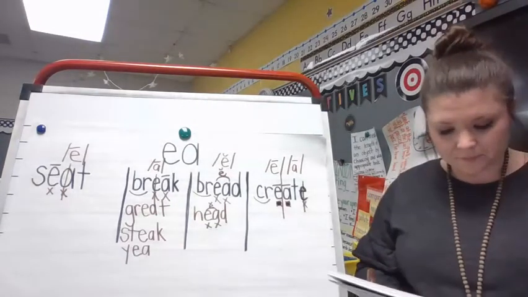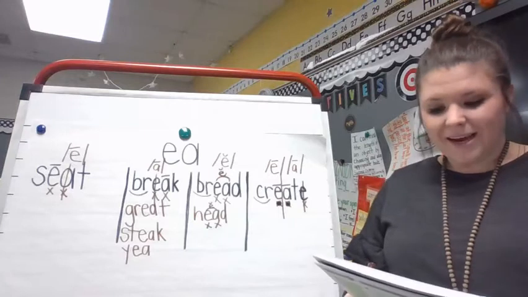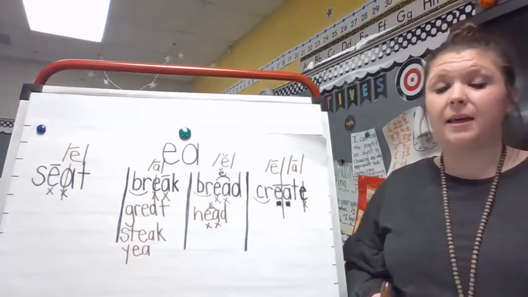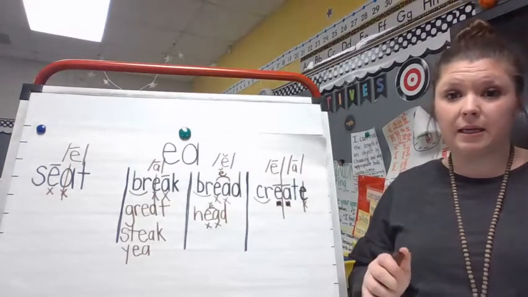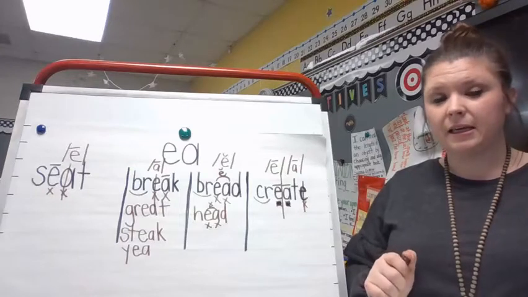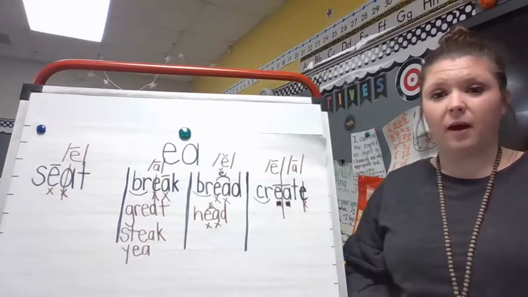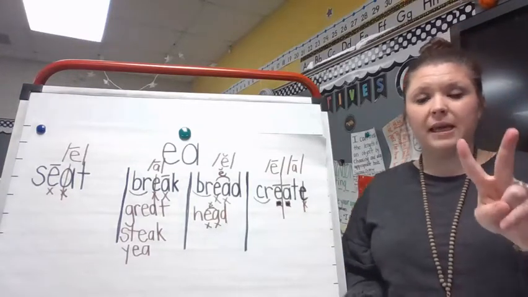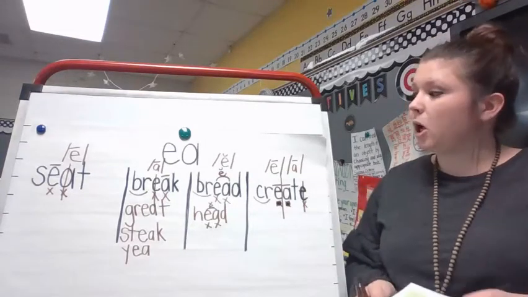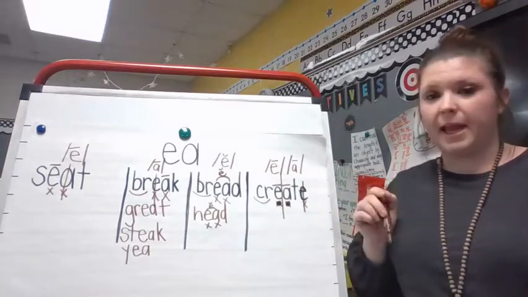All right, let's do another word. Are you ready? All right, here we go. Leak. Leak. My sink has a leak. Let's tap out the sounds in that word. Leak. Do we hear long E, long A, short E, or both E and A in that word?